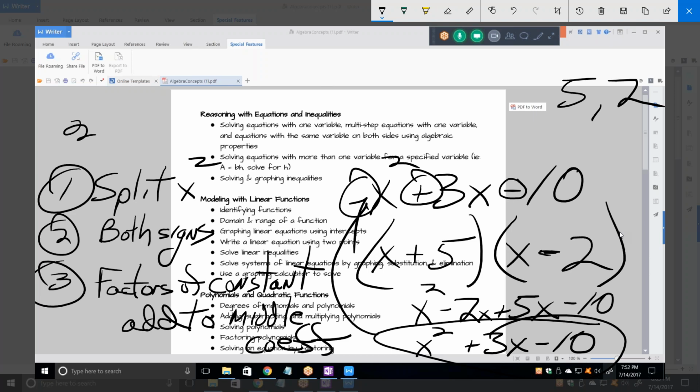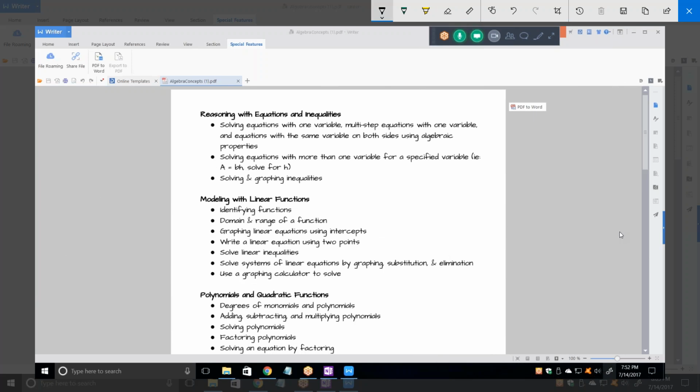In other words, when what's in front of the x squared term is a 1. If I had a problem like this, that's mucho more difficult. And I mean mucho, a lot.